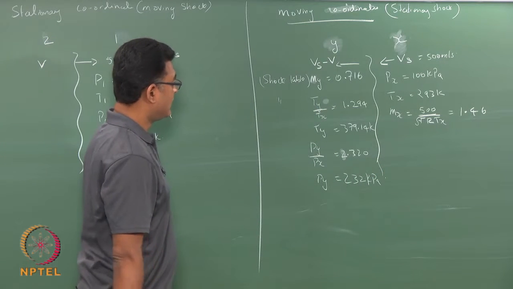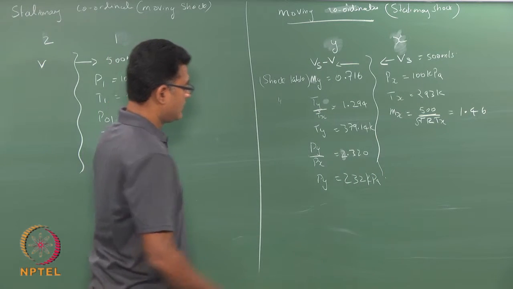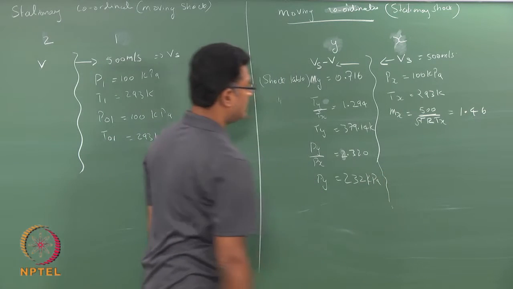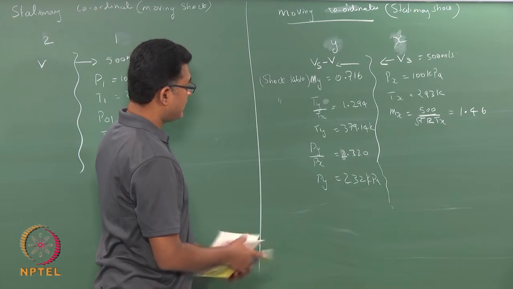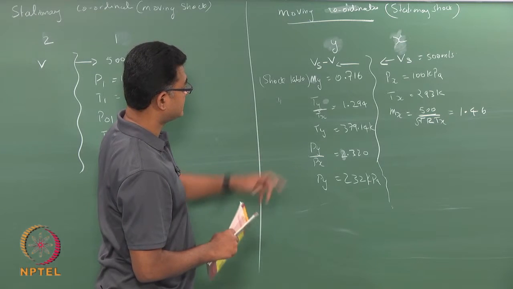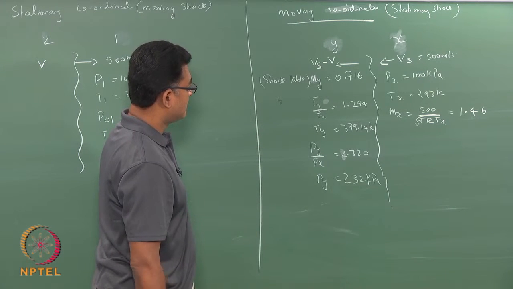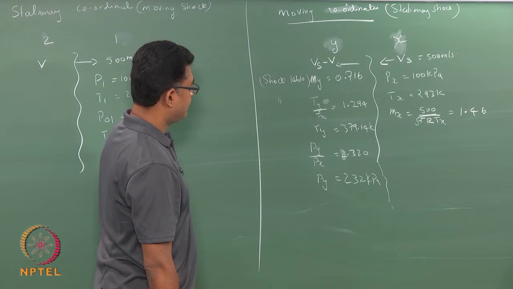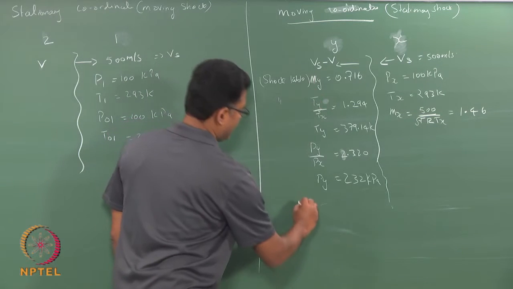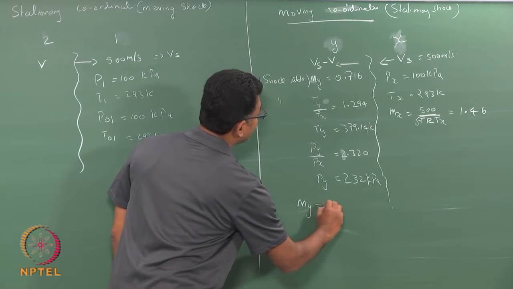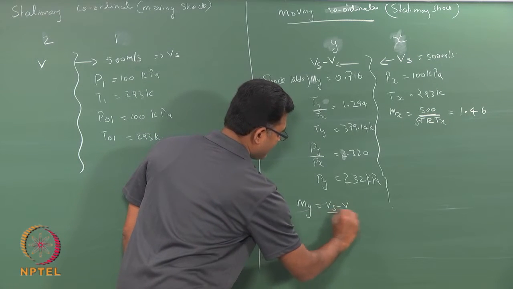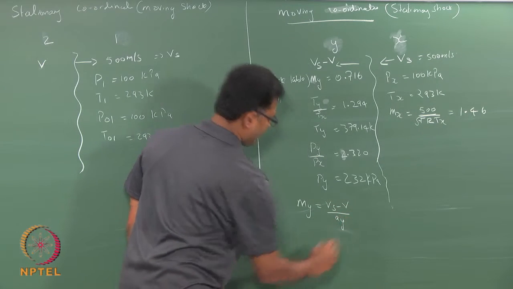Okay. So now I know these values, from which my My is Vs minus V divided by Ay.